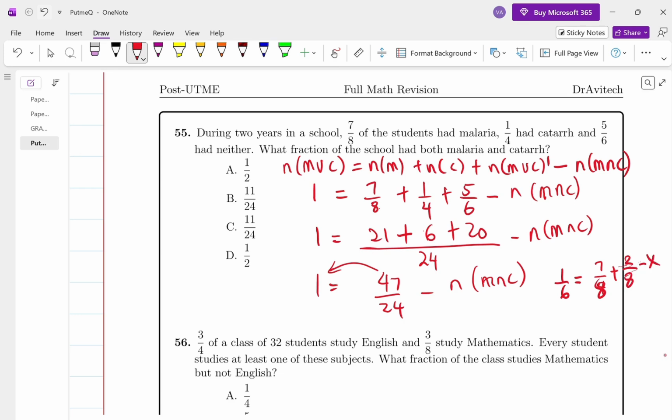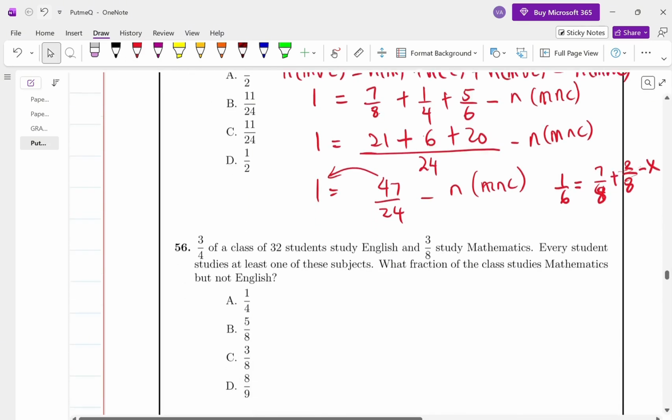And then minus some number x. So when you add this, you should get 9 over 8 minus x. Nah, it's not right. This is already more. Okay. Anyways, the answer is not in the option anyway, so let's move on. But this is how it's supposed to be done. But the answer is not in the option.